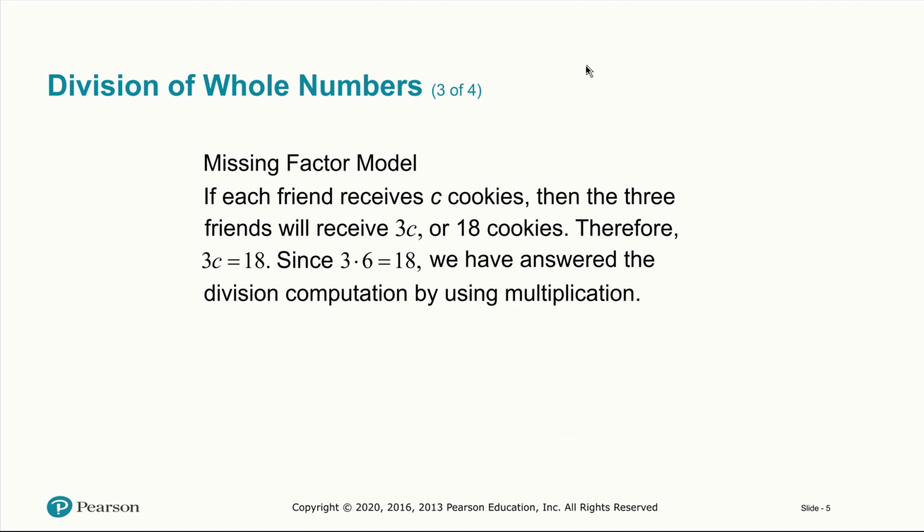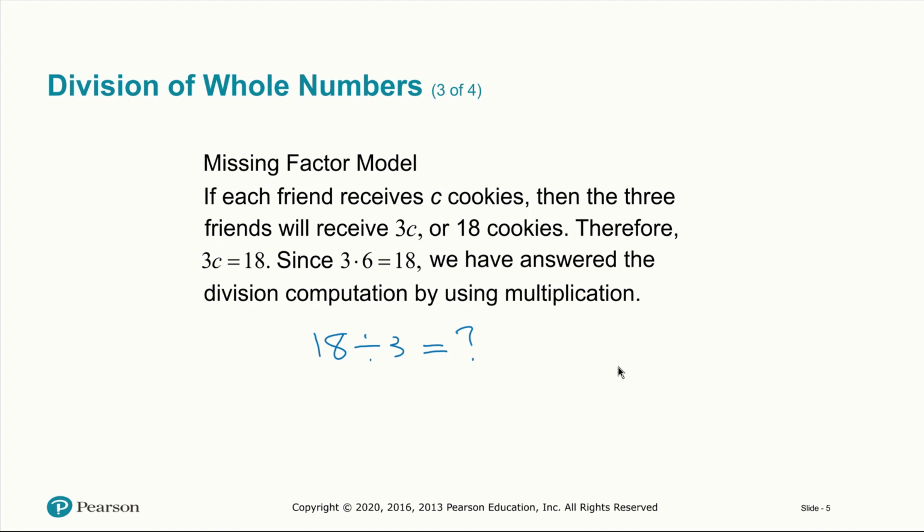The missing factor number is also a very useful and easy to comprehend model. So for example, here we're saying we want to divide 18 by 3. Now, whatever number that ends up being, we know that that number times 3 should give us 18.